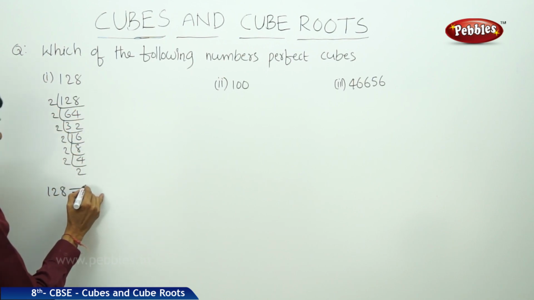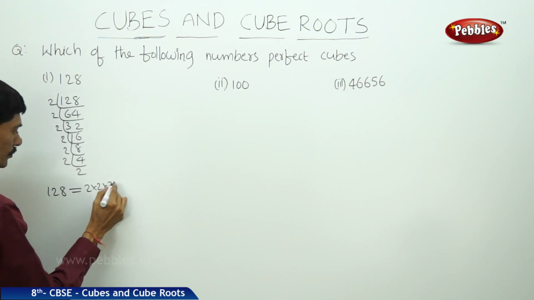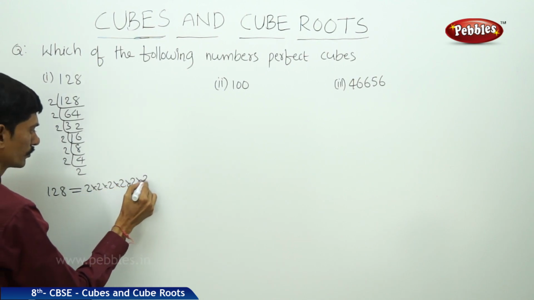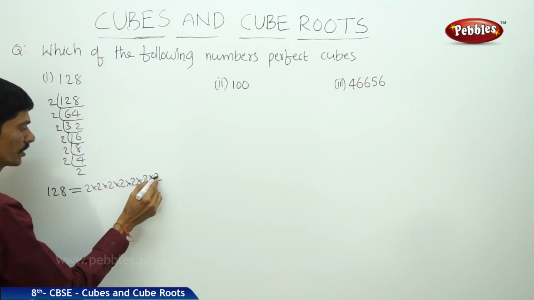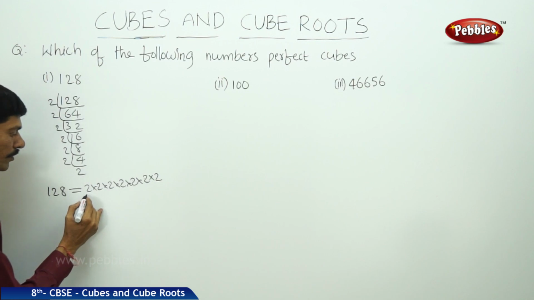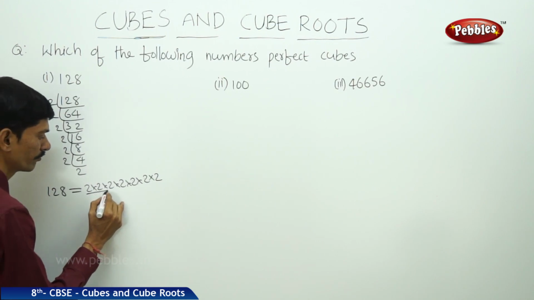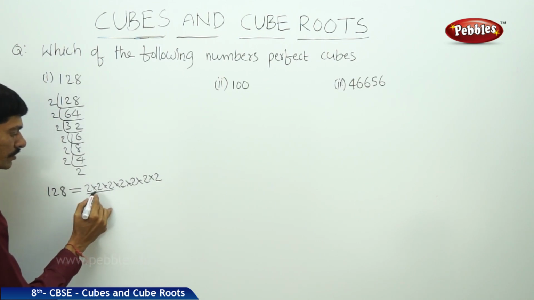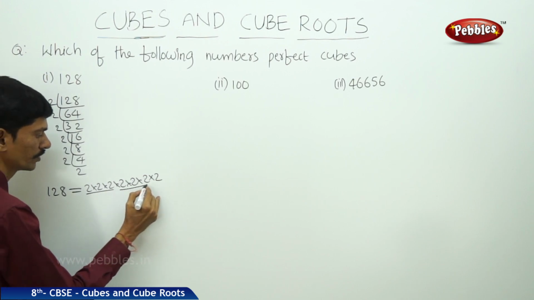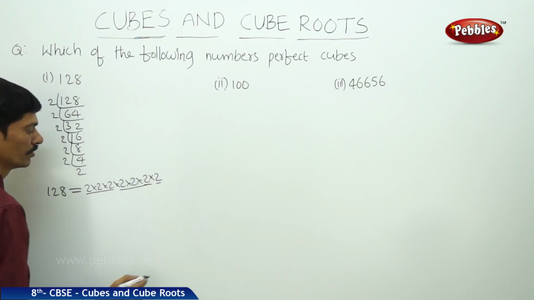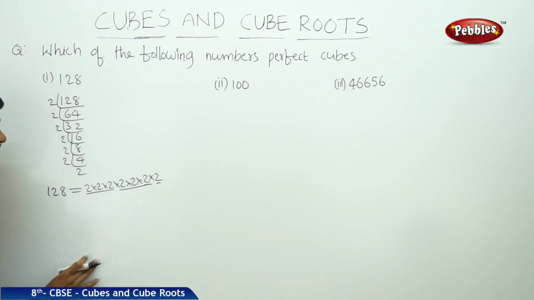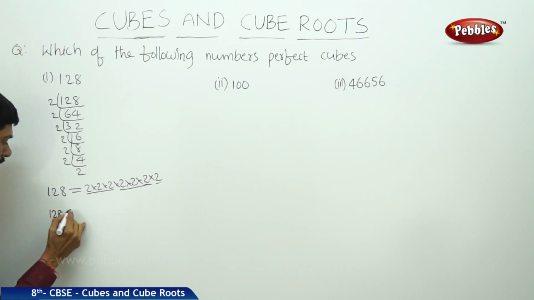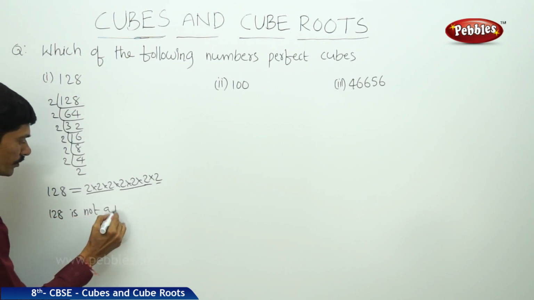So there are 7 2's. Now if you make groups of 3, we can make the first group of 3 2's and the second group, but 1 two is left here. So every prime factor does not appear 3 times. So 128 is not a perfect cube.